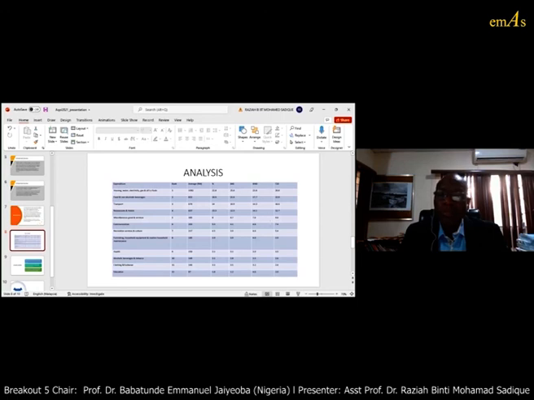Why does B40 spend more as compared to M40 and T20, when they are actually earning less? One reason could be that the B40 group is normally the youngsters, a majority of them just started working and building up families, so they might have more members in the household as compared to M40 or T20, especially because T20 is a more established household.